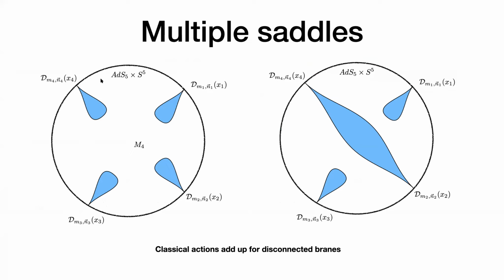And intuitively, this is an AdS3 times S3 submanifold inside this AdS5 times S5. But I have to confess that we have not done the extra step of converting those holomorphic curves into four-manifolds in AdS5 times S5.